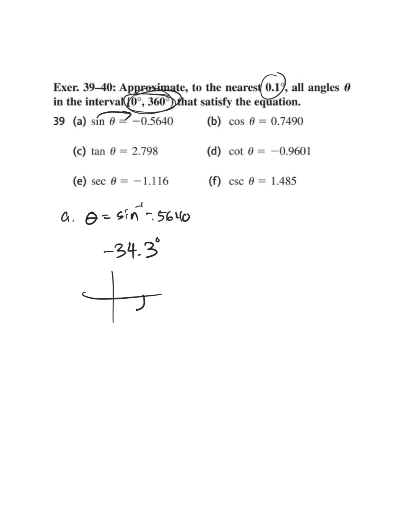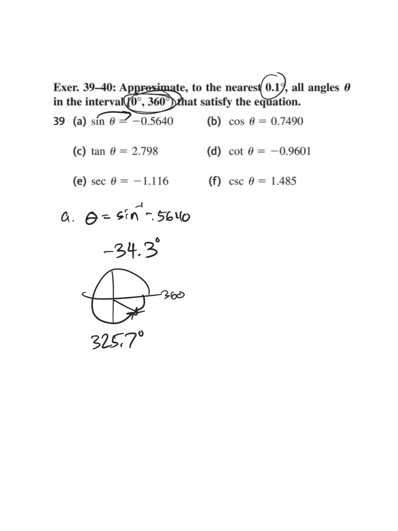So negative 34.3 degrees is what in the positive area? Just take 360 minus that answer, and you get, I did do it right, 360 minus 34.3 is 325.7. Okay?